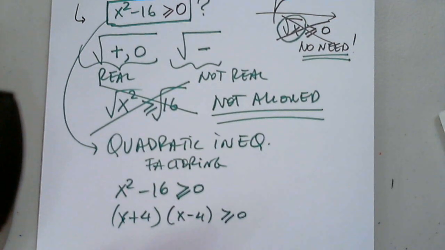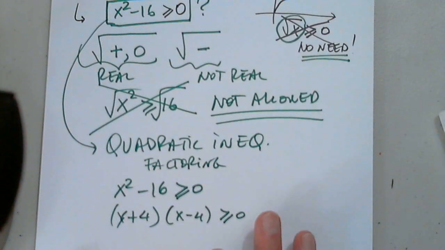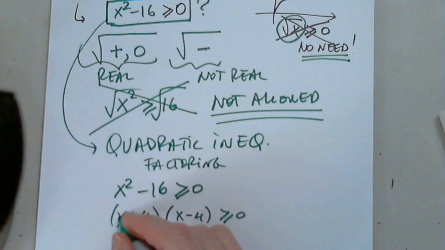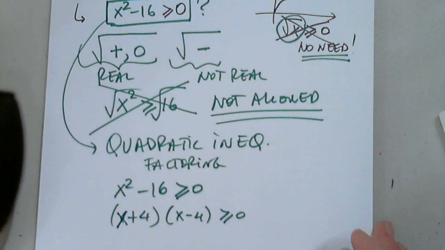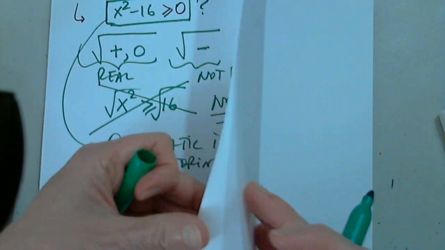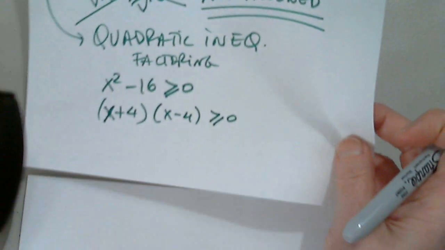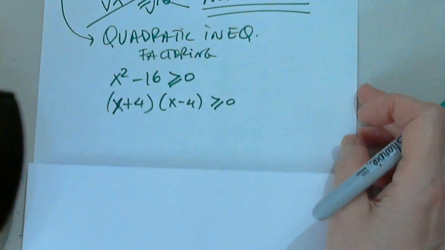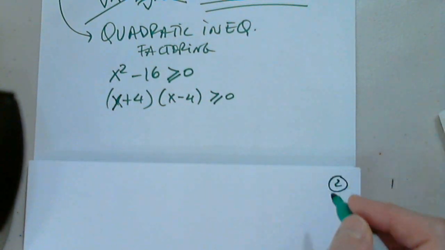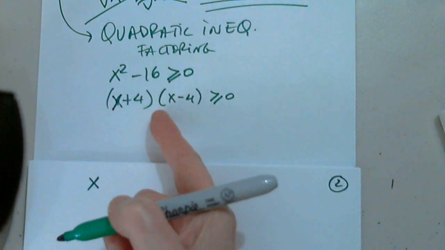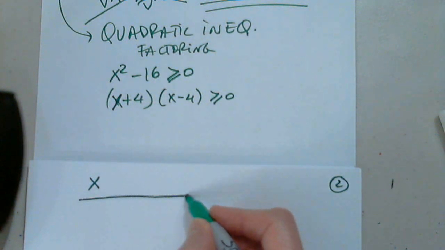Now, we have several options here. I'm going to show the option that I like the most. You may say, nope, I don't like this. Too much writing. Fine. You can use a different method. But I would like to show you the one I like the most. And here it is. X is the variable in the problem.